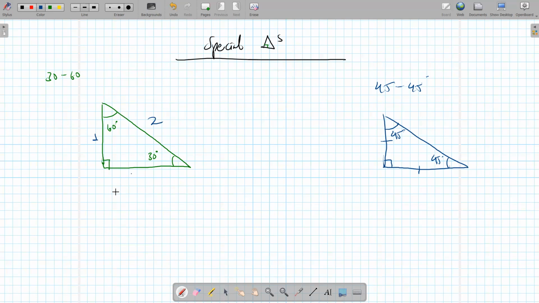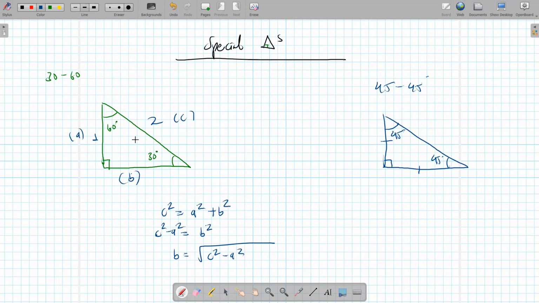Two sides of a right angle triangle are done. So this is C, this is A, this is B. So we have C squared equals A squared plus B squared. Subtract A squared from both sides. So C squared minus A squared is B squared. Take the square root on both sides. B is going to be the square root of C squared minus A squared.